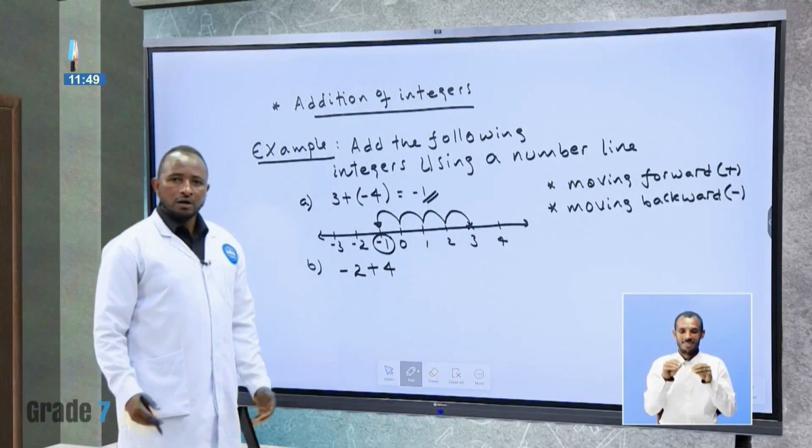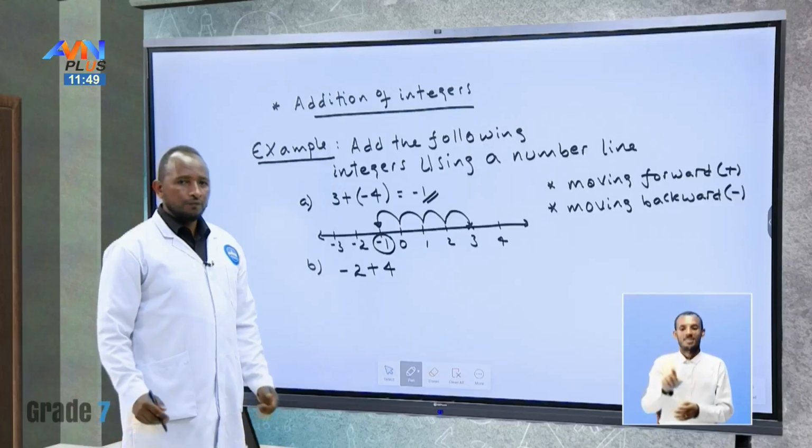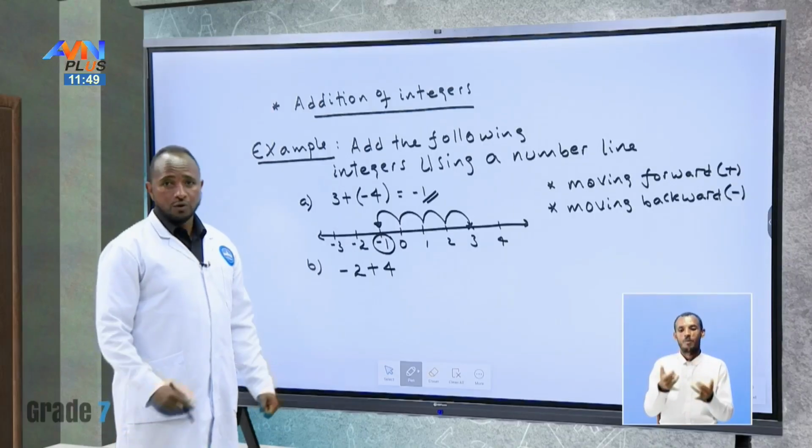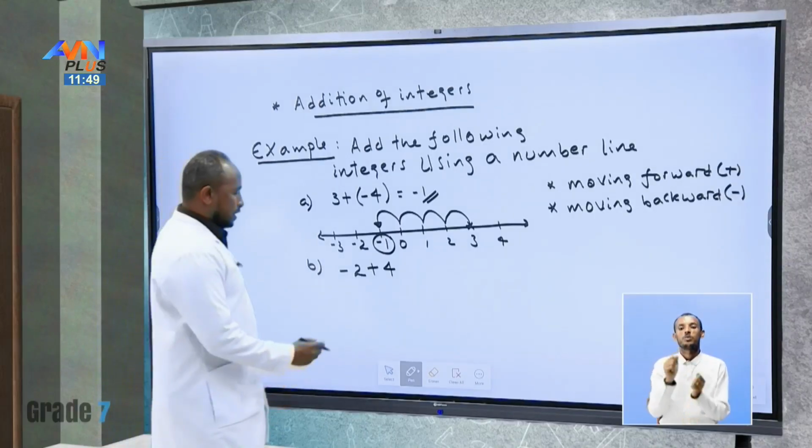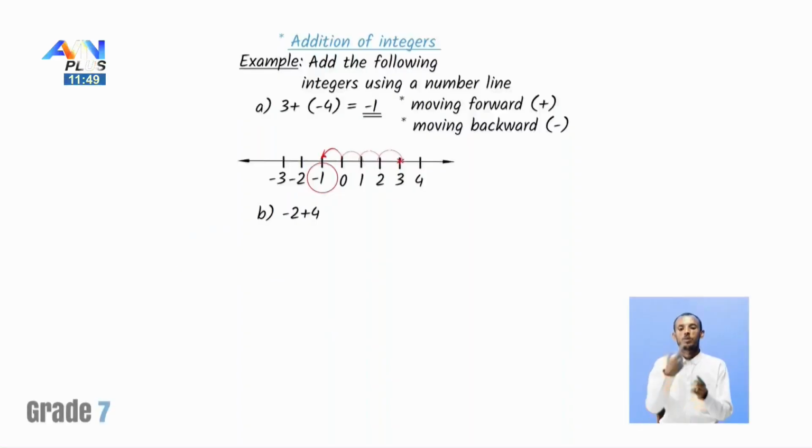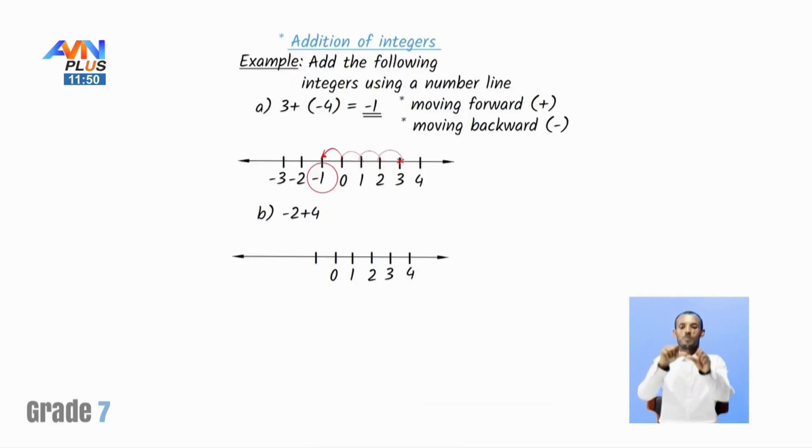Students, have you tried the question? Very good. Now let's do the question together. Okay, to add these two numbers, first draw a number line and label the numbers 0, 1, 2, 3, 4 in order. To the left you have -1, -2, -3 and so on.